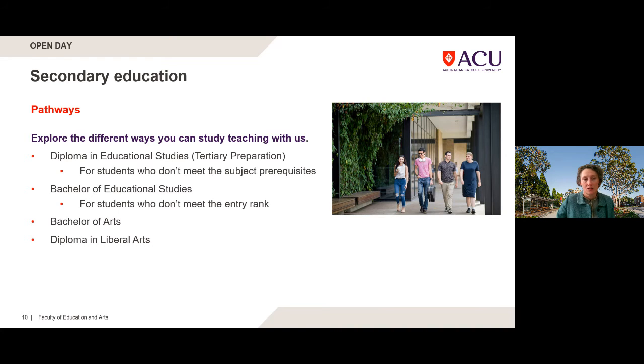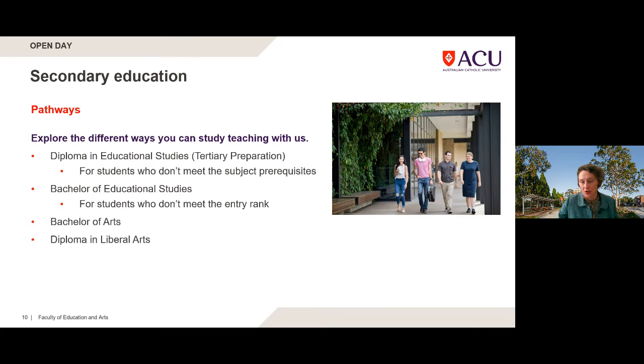So it's not the full degree, it's not the final one, but you would enter into sort of like a preliminary degree. You would start another degree first, and that is a pathway. And if you prove yourself in that degree, then you would be able to apply to transfer into the Bachelor of Education Secondary. So if you're in that situation, there are these other pathways, including these here.